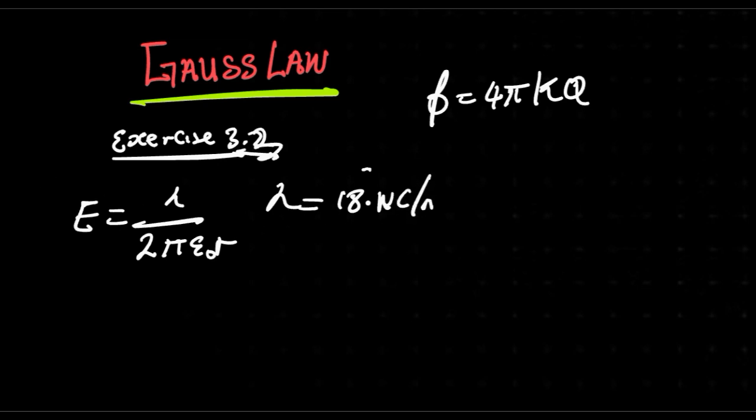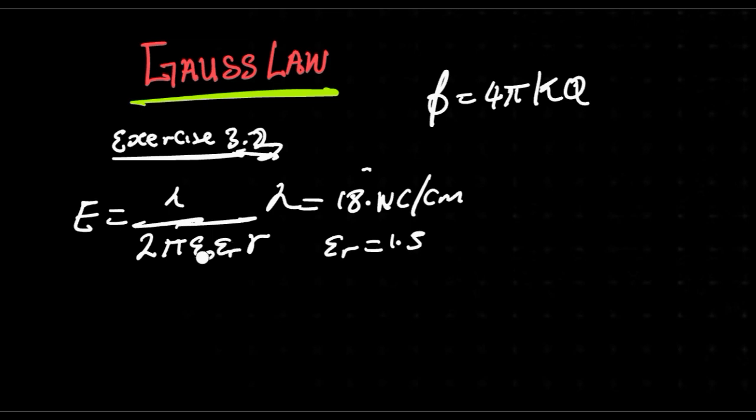Our relative permittivity is 1.5, so you multiply it with epsilon naught first before you multiply by your radius.